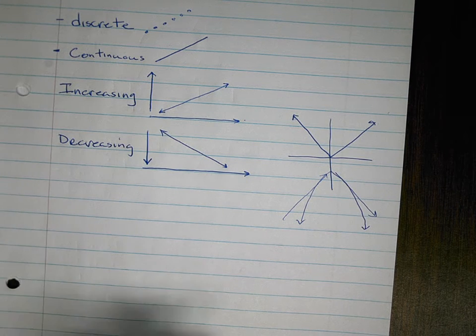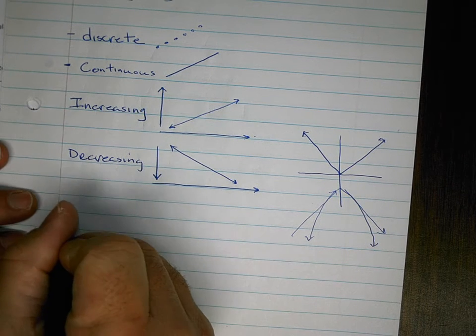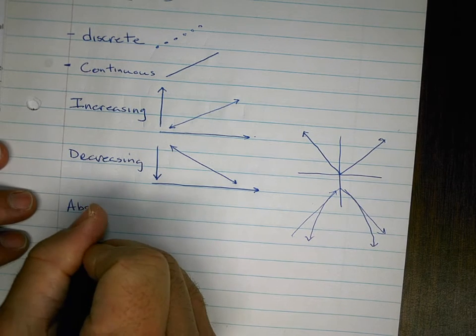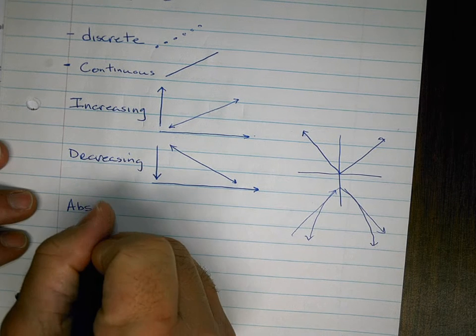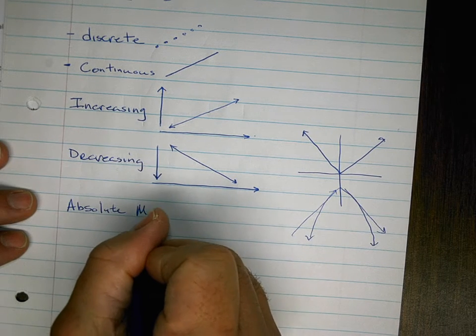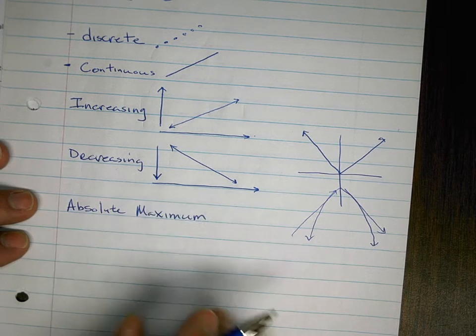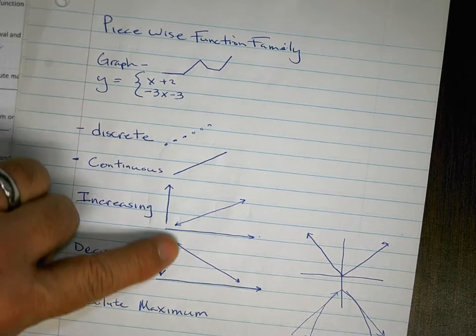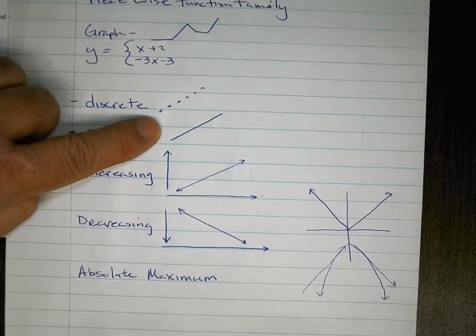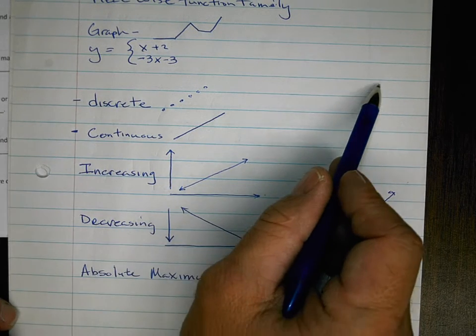Which leads me to the next one, which is what we call an absolute maximum. If we look at these lines over here, we don't have an absolute maximum. They just keep getting higher and higher and higher.